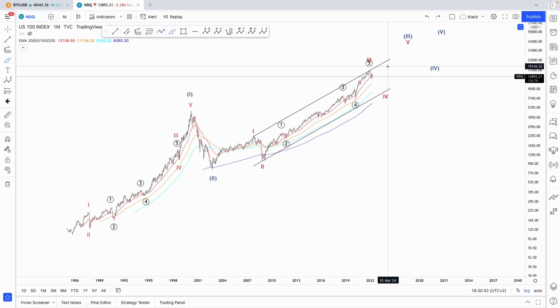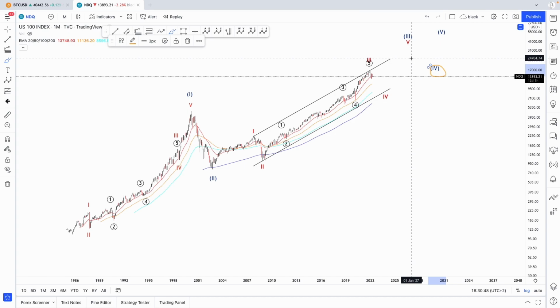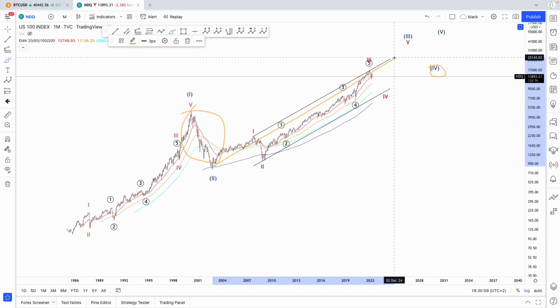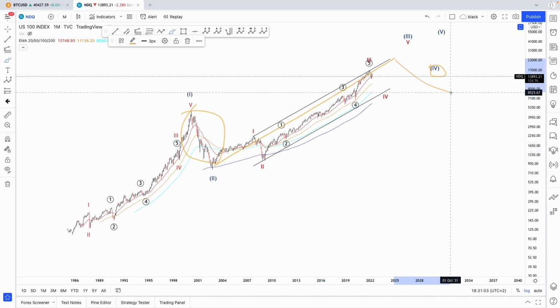So if I'm waiting for a wave 4, that wave 4, which would be this one, supercycle degree, would be pretty much as large as wave 2 of the same degree. So if I was to mark this up as a wave 3 completed, I would expect wave 4 to be pretty much of this size.